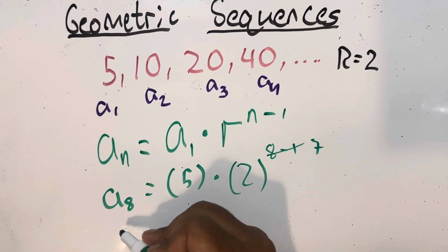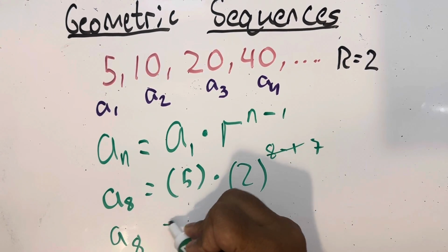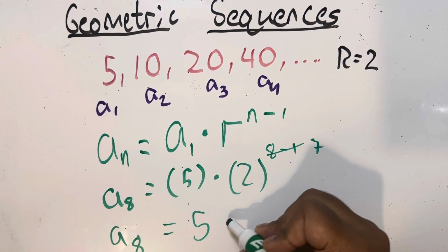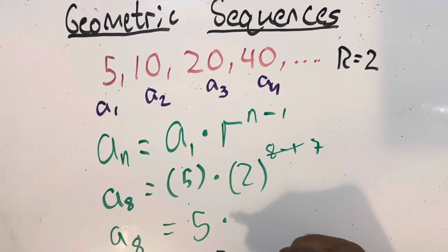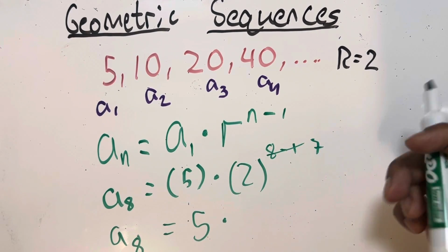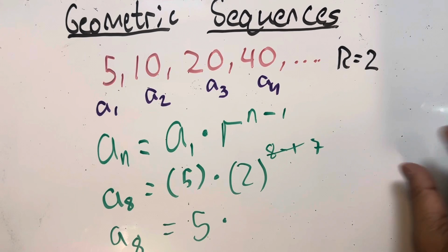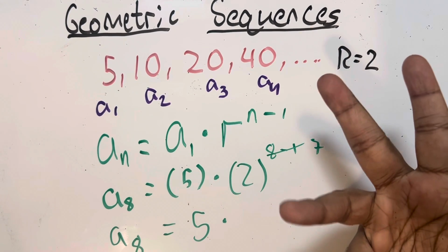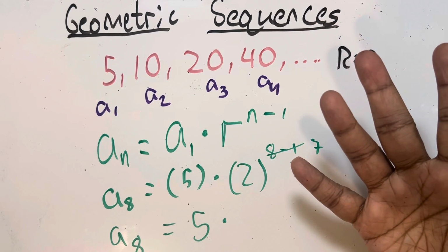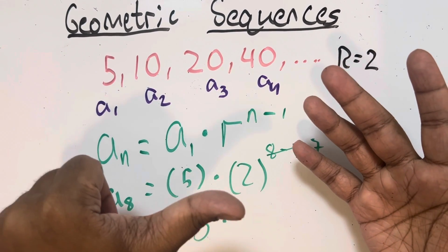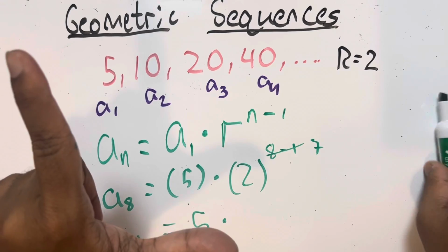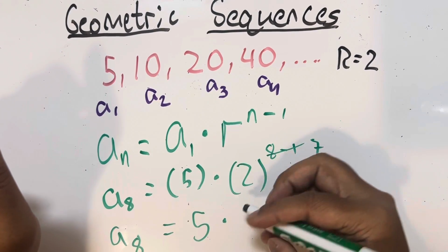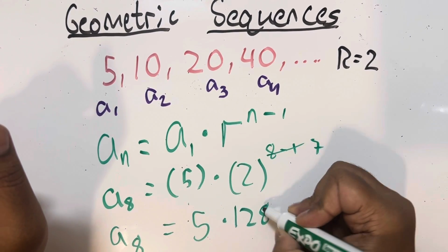So I'm going to get a of 8 equals 5 times 2 to the 7. Well, what's 2 to the 7? If I have my math correct, I have 2, 4, 8, 16, 32, 64, 128. So 2 to the 7 is 128.